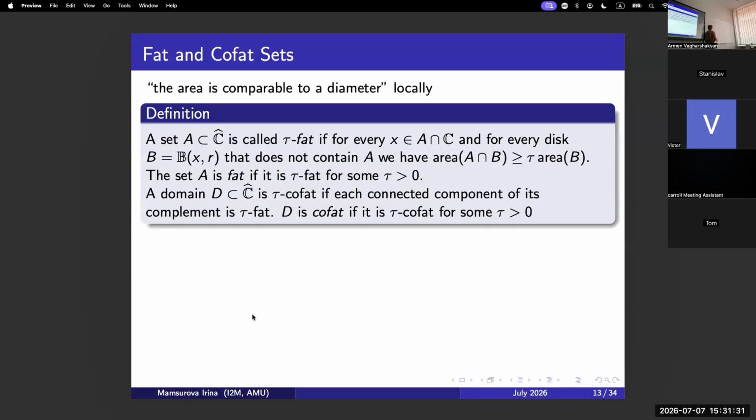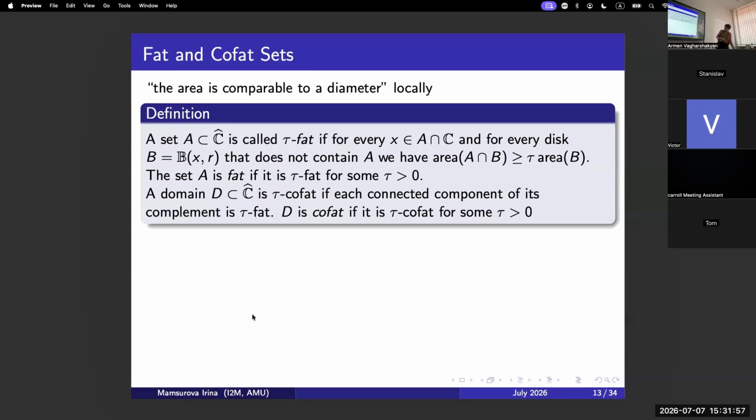So actually, we can't have an example like this, because we can take a point somewhere here and a ball of smaller and smaller radius, and then we have some angle inside, which gets thinner and thinner. So the part of area occupied is smaller and smaller.